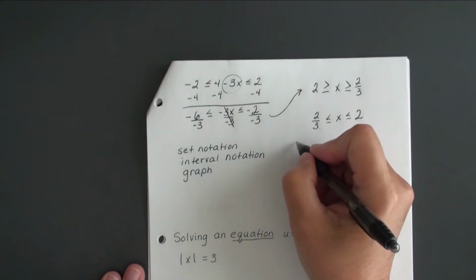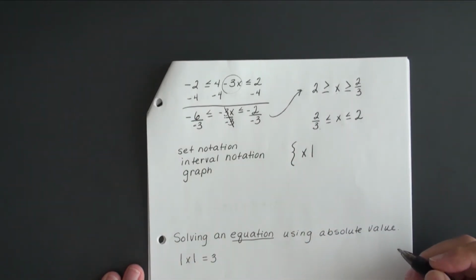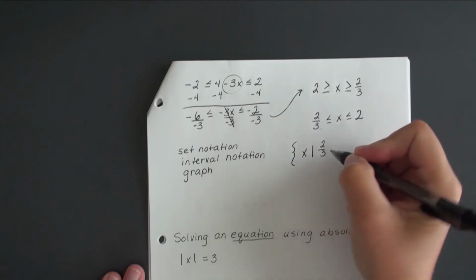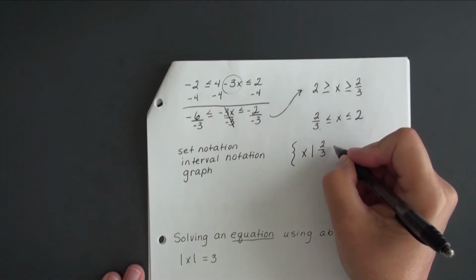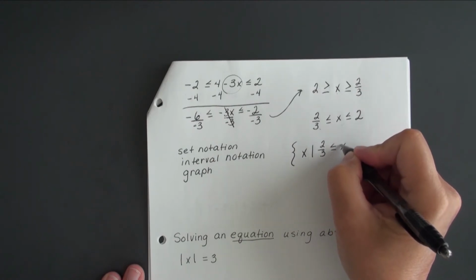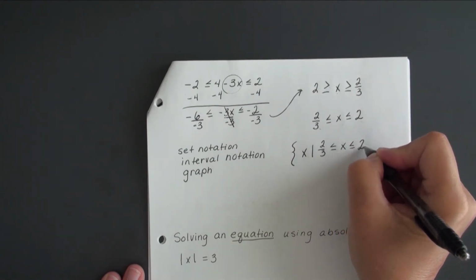So in set notation, that would be the set of all x such that two-thirds is less than or equal to x, which is less than or equal to 2.